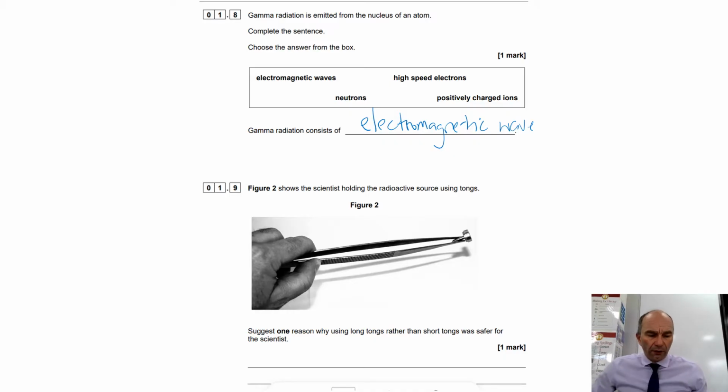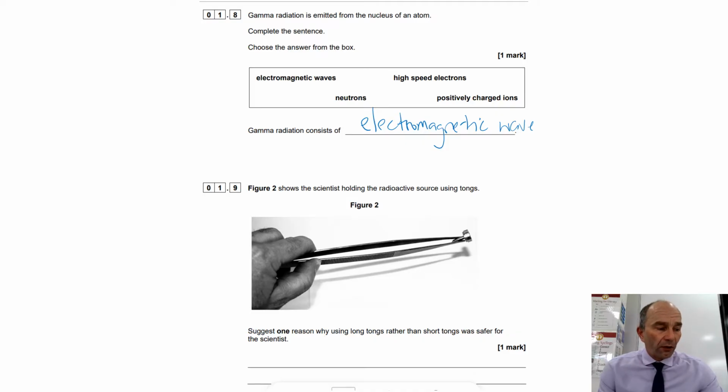Now, 1.9. The scientists suggest one reason why using long tongs rather than short tongs was safe for the scientist. You really need to be saying that the longer tongs keep the radioactive source further away from the scientist, so it reduces the risk of any cancers, any mutations from the radioactivity.